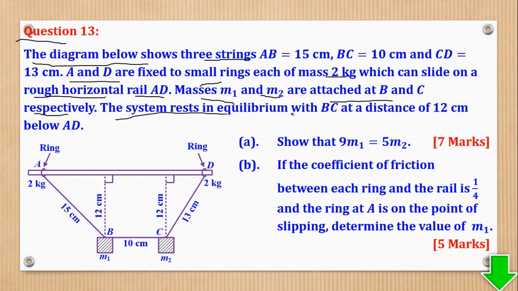The system rests in equilibrium, with BC at a distance of 12 centimeters below AD. Part A, show that 9M1 is equal to 5M2. Part B, if the coefficient of friction between each ring and the rail is a quarter, and the ring at A is on the point of slipping, determine the value of M1.